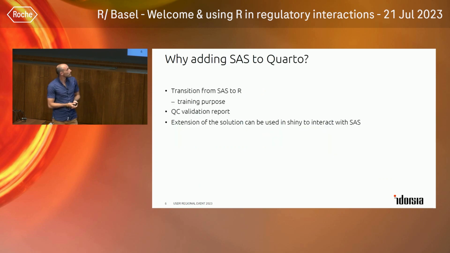So why add SAS to Quarto? It's really nice to have the code, the outputs, the analysis, and maybe the conclusions about the results all combined together. It could be a good help for training purposes: you have R or SAS code and you see what the result is. Also for QC validations, if someone needs to QC something, you have a track, and you have only one document.